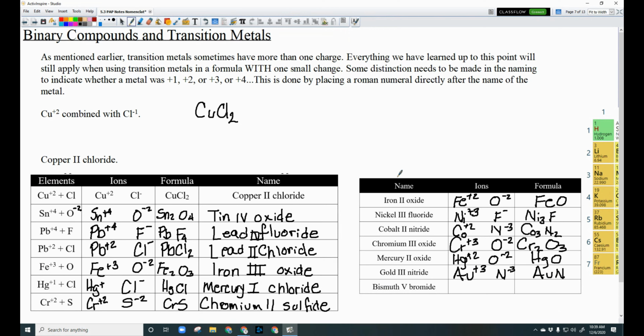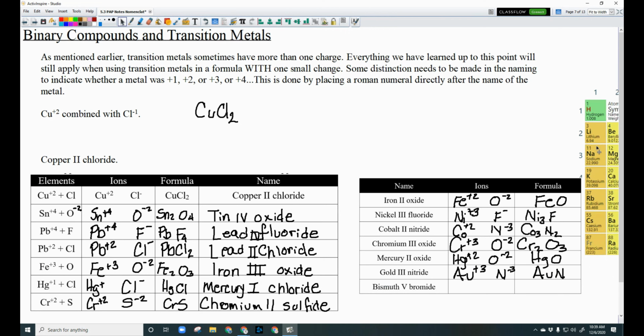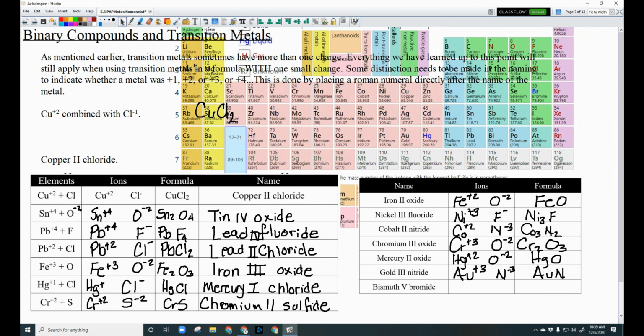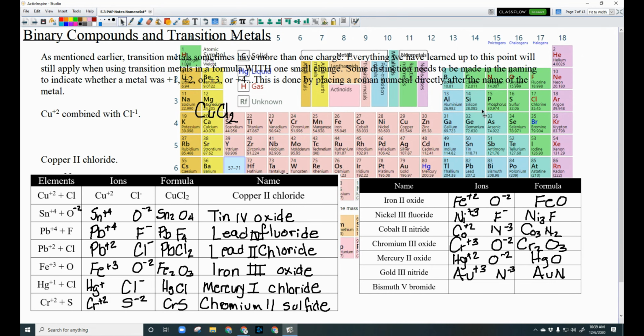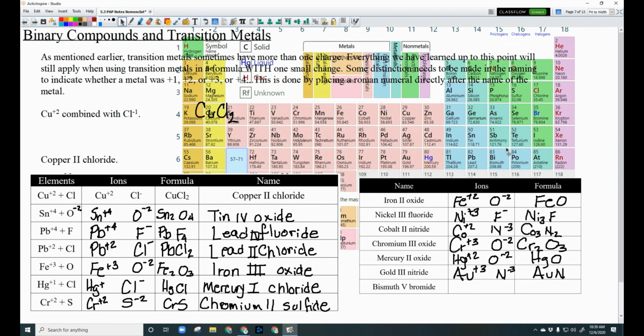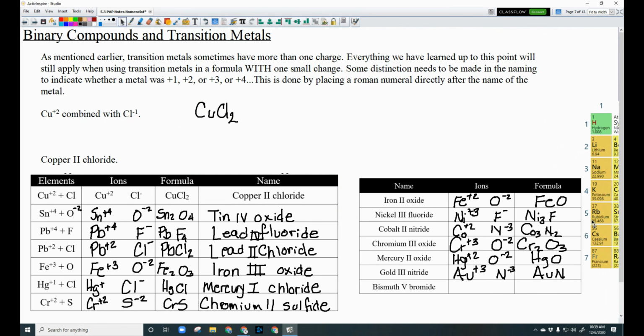Bismuth. Bismuth is another one that doesn't bond very often. You don't see that very often, but let me show you where it is on the periodic table. Bismuth is right here. Okay, it's at the bottom of this same group that nitrogen is in. So bismuth has a -3 because we know nitrogen has a -3. We just used it. It's in the same group, so it also has a -3 charge.